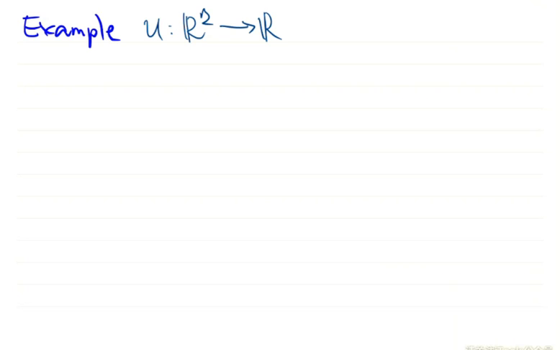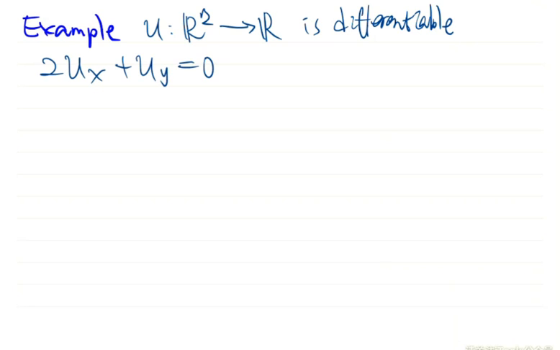Our next example is also important. Suppose u, defined in the plane R^2, is differentiable and satisfies 2u_x plus u_y is 0, and also the value of u at (x, 0) is 0 for any real number x.